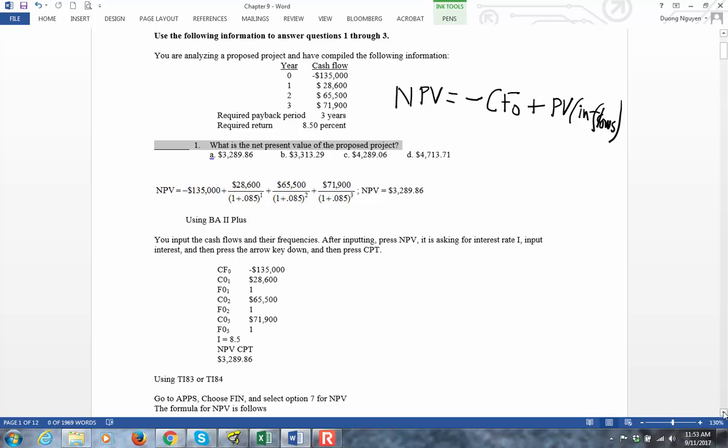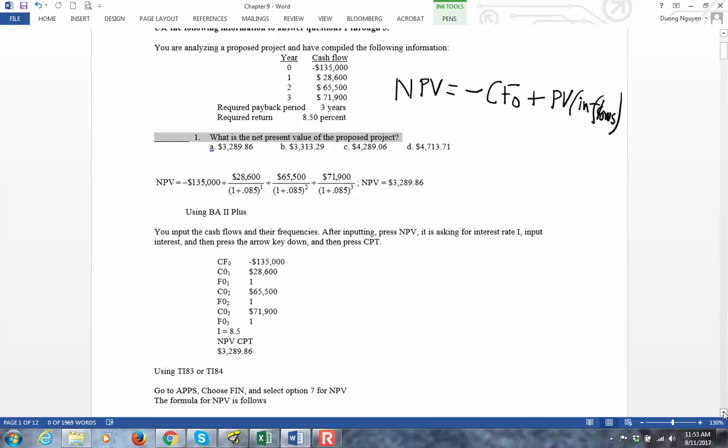There are two types of calculators that you can use. Number one is the BA II Plus. It's pretty simple to use. First you read the instructions and the manuals posted on my courses, and then apply to this example.